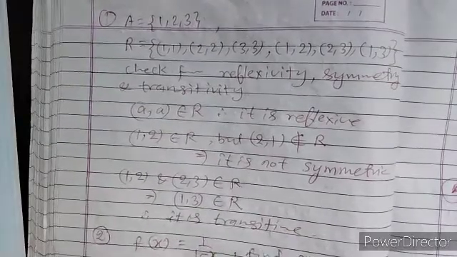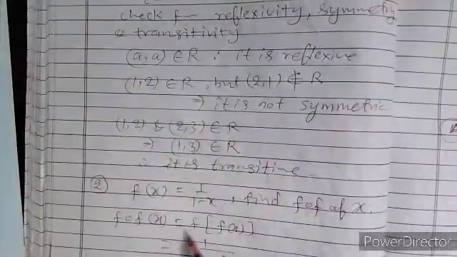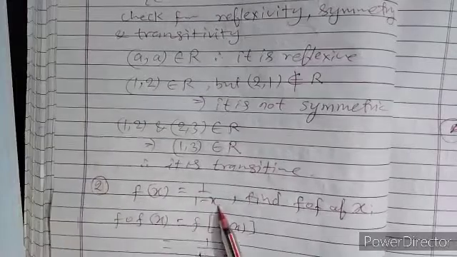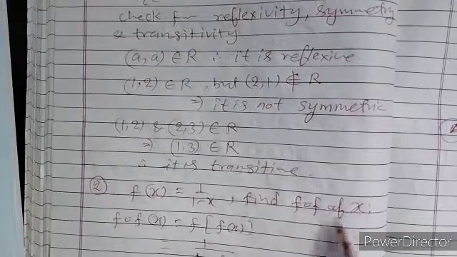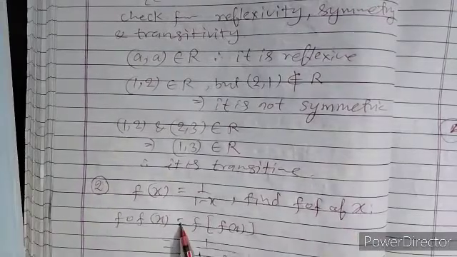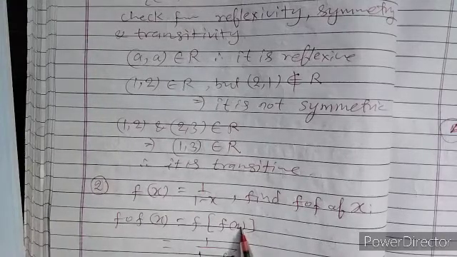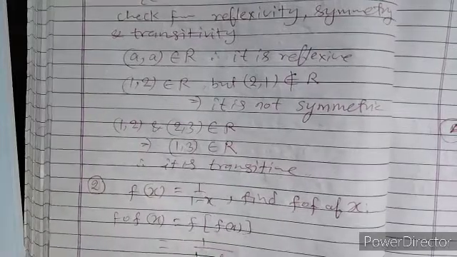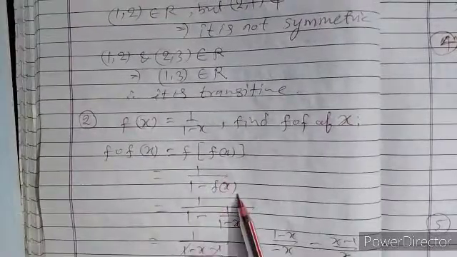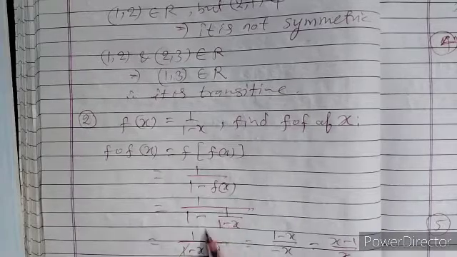Now you have question number 2 here, that is f(x) = 1/(1 - x). You have to find f(f(x)). Clearly, f(f(x)) = 1/(1 - f(x)), because f(x) is 1/(1 - x).